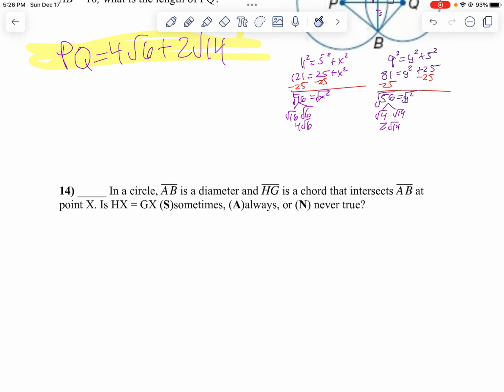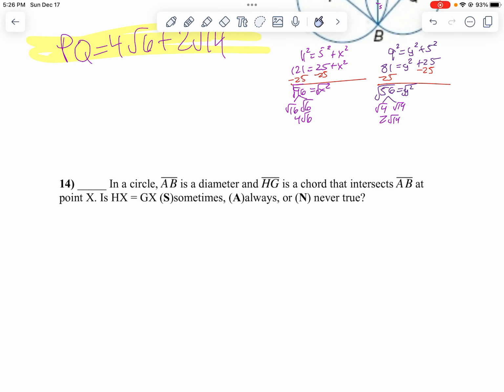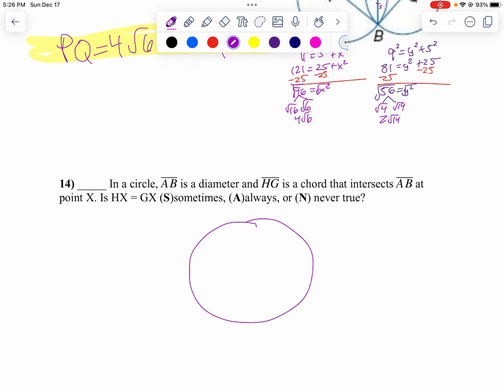Okay, let's take a look at 14. Oh, it's a sometimes, always, never. In circle, AB is a diameter. So let's do that. Here's A and here's B, the diameter.